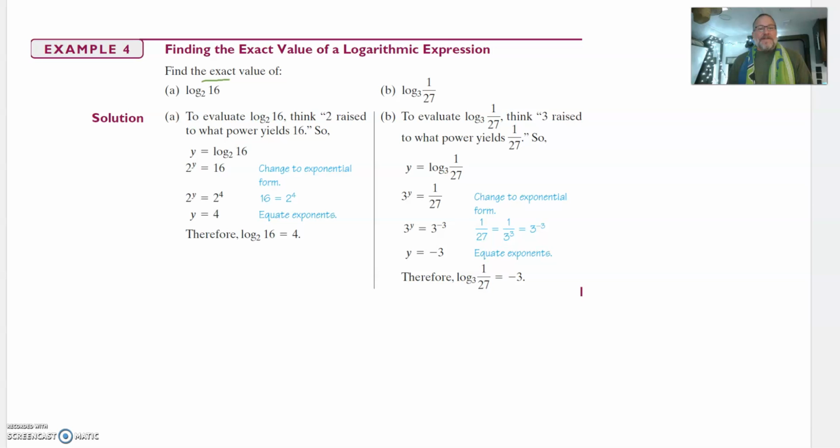This example in the homework is asking, hey, if your log is a base 2, and you want to put in the value of 16, that's the input right there, what do you get for the output?